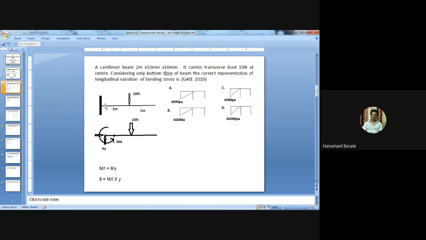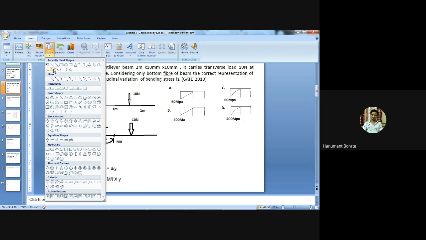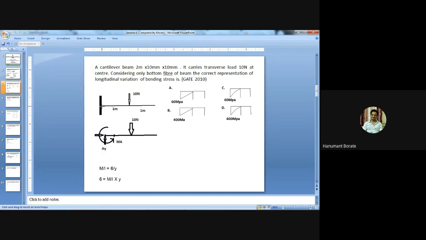Because we are applying the load from the top side, it will bend like this.